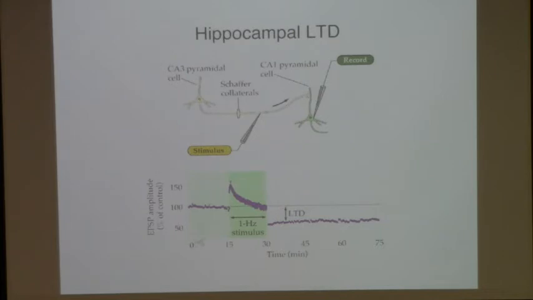And here is how you normally get it in the lab. People were looking, and the question was which paradigm would get it. And this is a beautiful story because I was there when LTD was discovered. I was a postdoc, and the graduate student who discovered it was trying different paradigms, different frequencies and stuff like that. At some point she said, okay, I'm going to do a very short stimulation with 1 hertz. We need a high frequency stimulation for LTP, 100 hertz, so let me try low frequency stimulation for a few seconds.